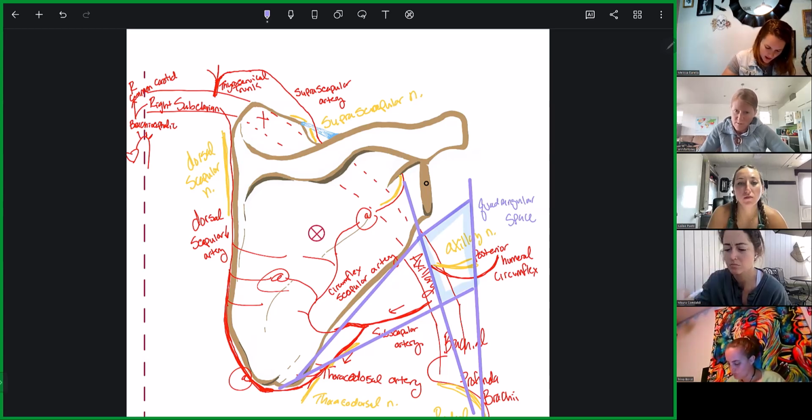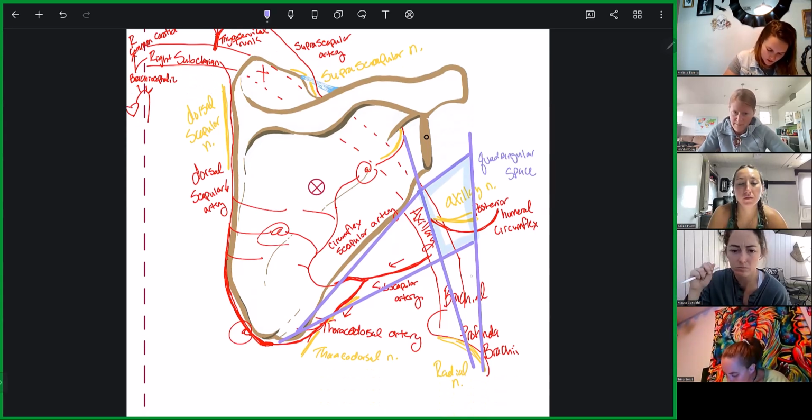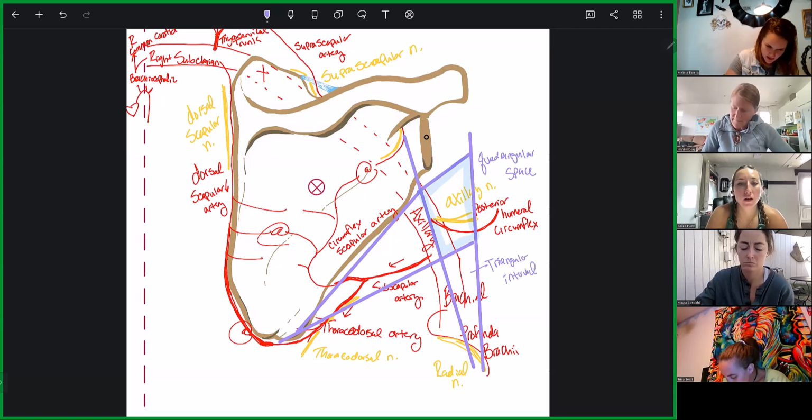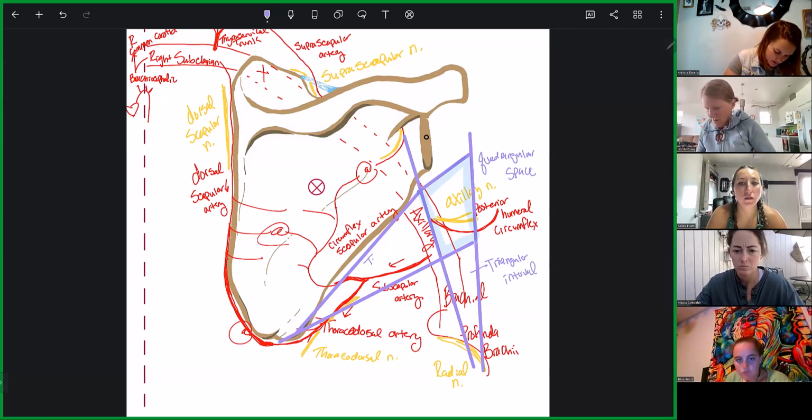And then as we border with all the muscles down here, this is the triangular interval. And then this one, bound by both the teres, would be the triangular space.